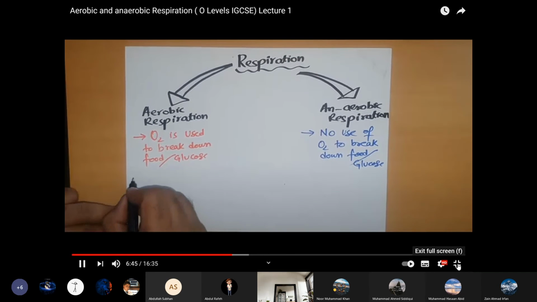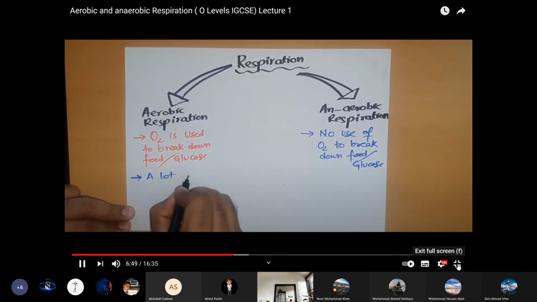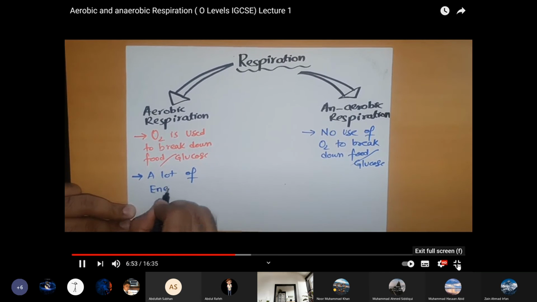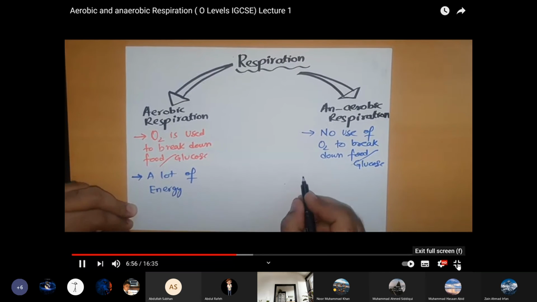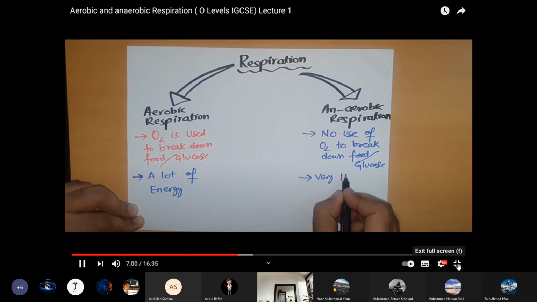Another very important difference is that during aerobic respiration a lot of energy is produced, while during anaerobic respiration very little energy is produced.